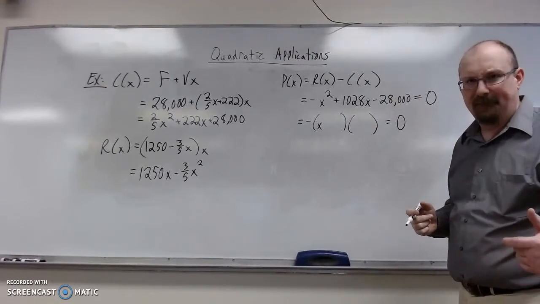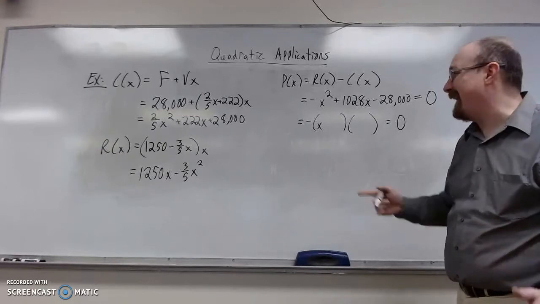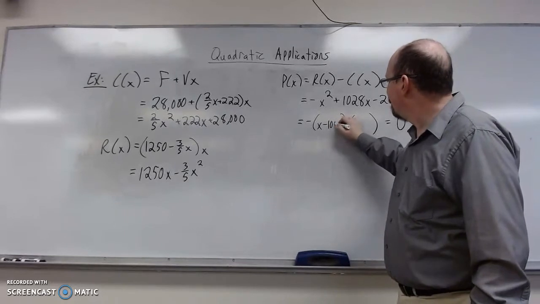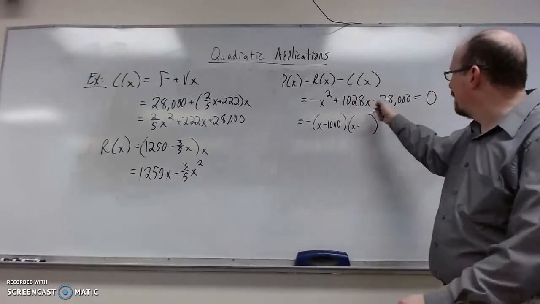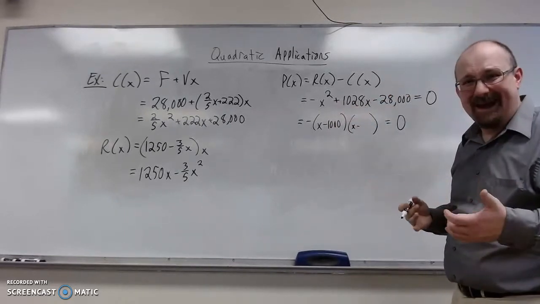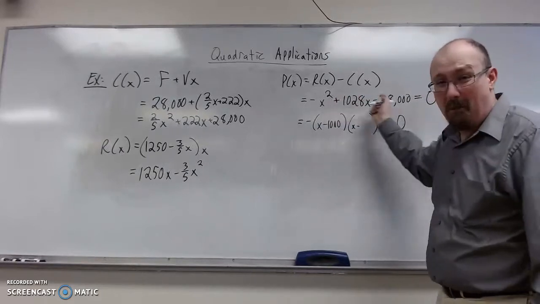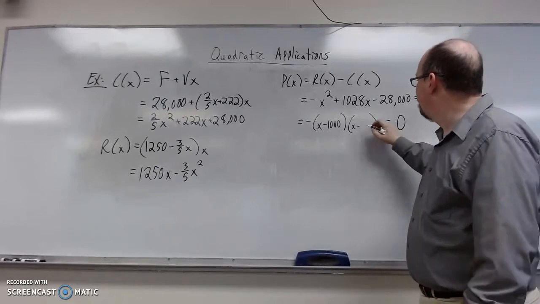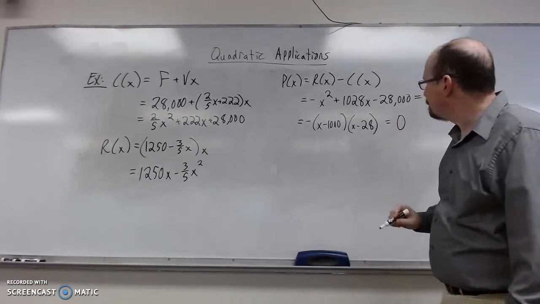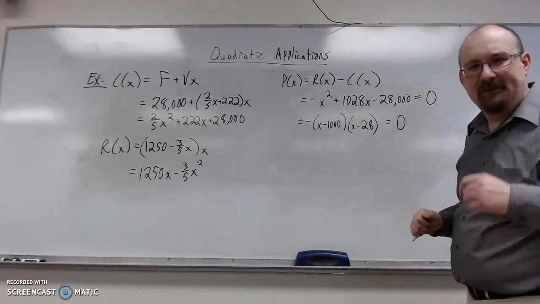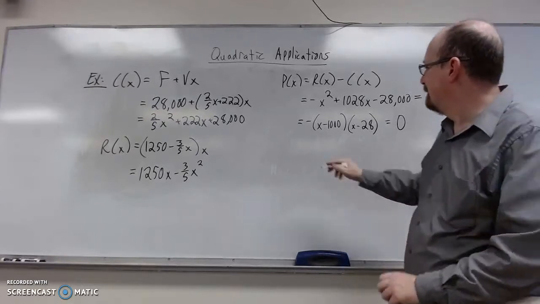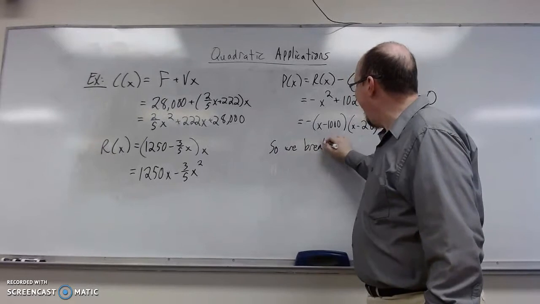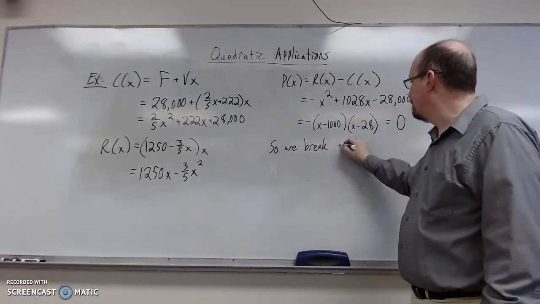And oddly enough, if you add 28 and 1,000 together, you get 1,028. Technically we need minus signs because that would be negative without the minus there. Again, if you just wanted to multiply the whole thing by -1, that works just as readily. So we'd get X minus 1,000 and X minus 28. So we break even at those two values.